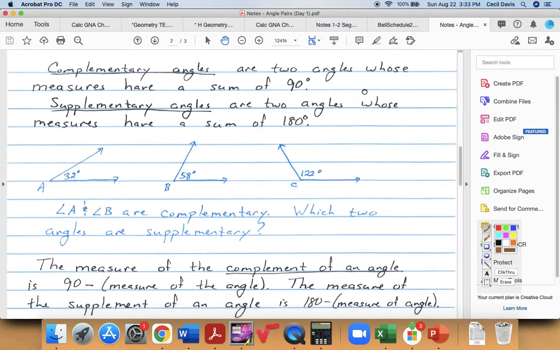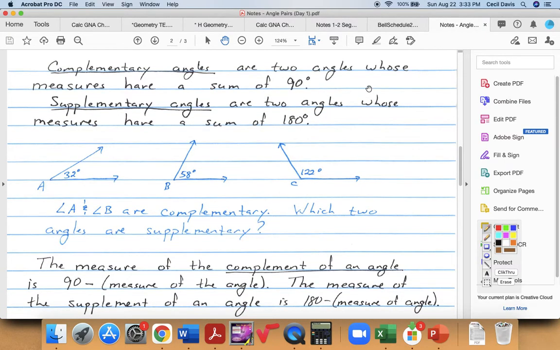All right, some terms that you learned back in junior high. Just to remind you, complementary angles are two angles whose measures have a sum of 90 degrees. Supplementary angles are two angles whose measures have a sum of 180 degrees. Now, I always tell students, don't cut off the definition. Complementary does not mean 90.